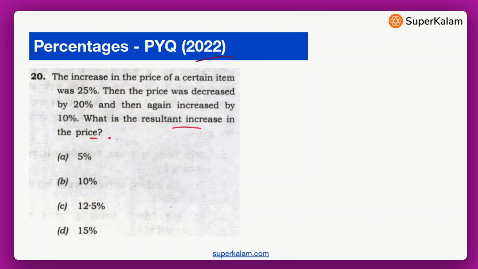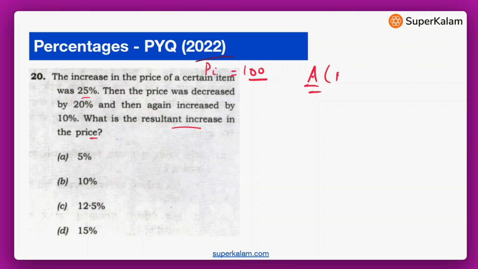We have to calculate how much is the increase in the price from the initial position. Whenever you see these types of questions, take the initial price as 100 for simplifying your calculations. Let's say the initial price was 100. This makes your calculations very simple. In the first statement, the price increase was 25%. Let's say this is the initial price, Pi.